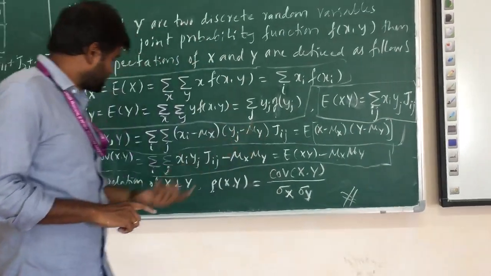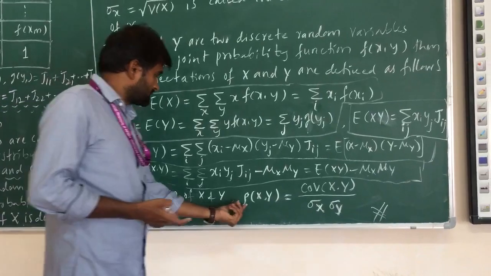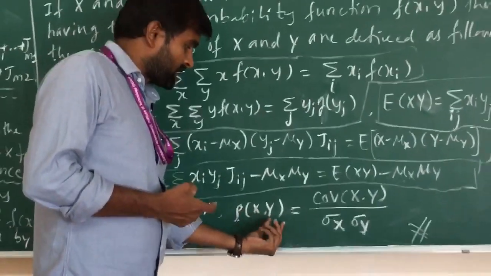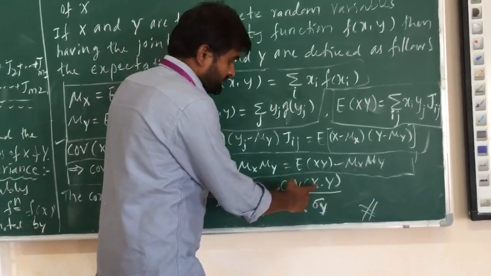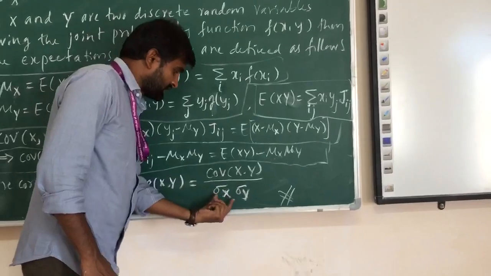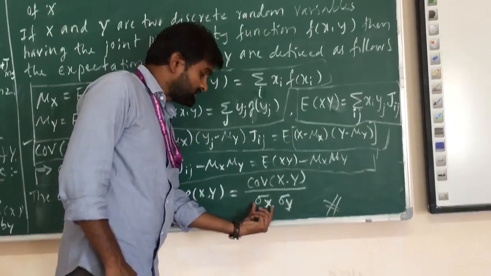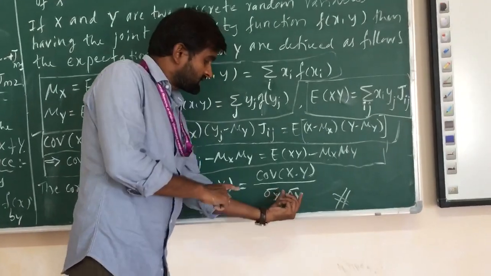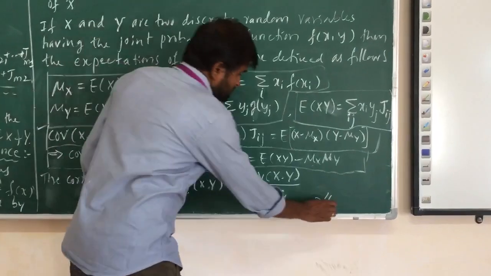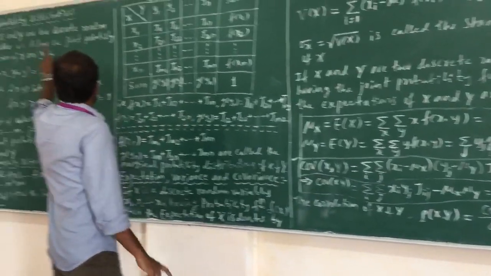In the same way, for two discrete random variables, the correlation rho of x comma y equals the covariance of x y divided by delta x delta y, where delta x and delta y are the standard deviations of random variables x and y. This is the basis we need when we solve joint probability problems.